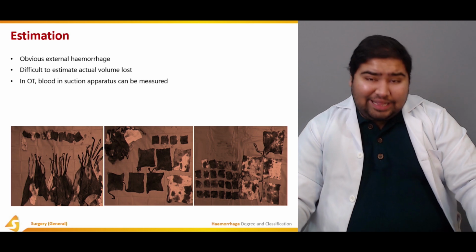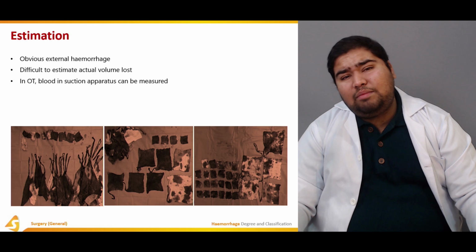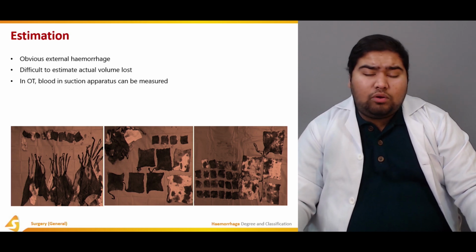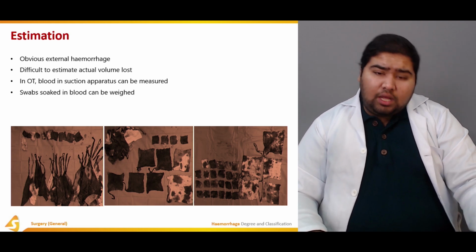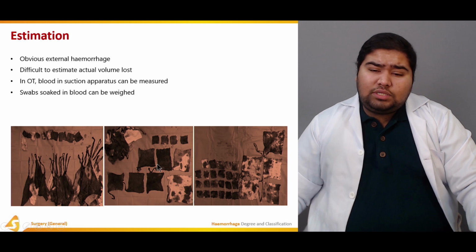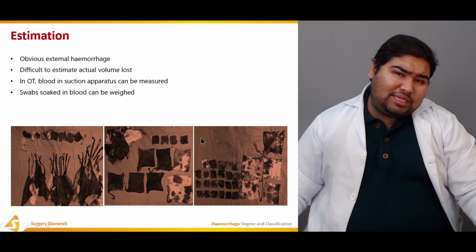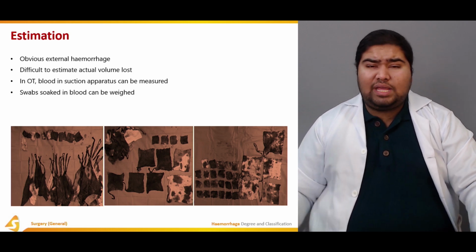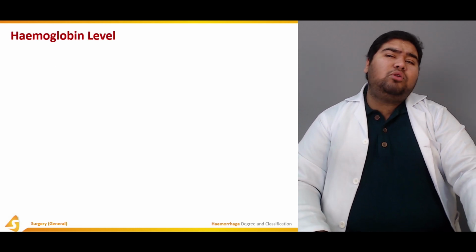However, again, in traumatic conditions, there can be a lot of debris in it, and the actual volume might be overestimated, or it might not give the right picture. Now again, the swabs soaked, here you can see these are the soaked swabs. They can be weighed, and with that, the amount of bleeding that has occurred in the body can somehow be estimated.